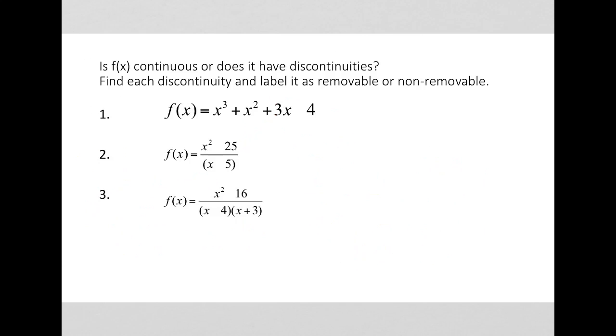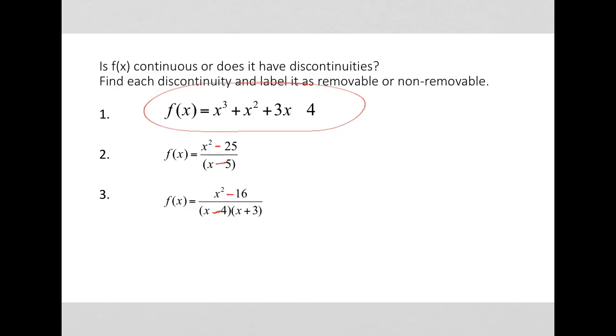So let's talk about these 3 functions, which are continuous, which are discontinuous, and what type of discontinuities they have. And for some reason, my minus signs disappeared, and I don't know why, but there they are. Now, notice that f of x is just a polynomial, and all polynomials are continuous. So number 1 is continuous.